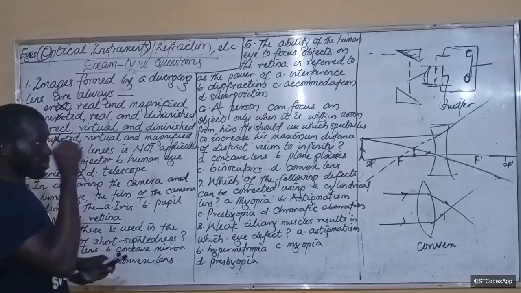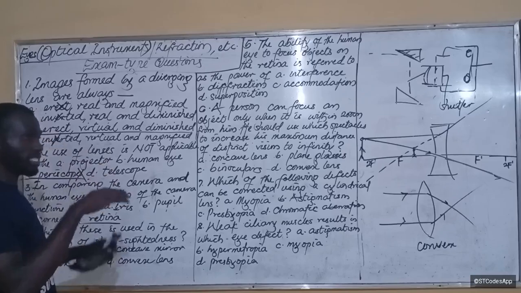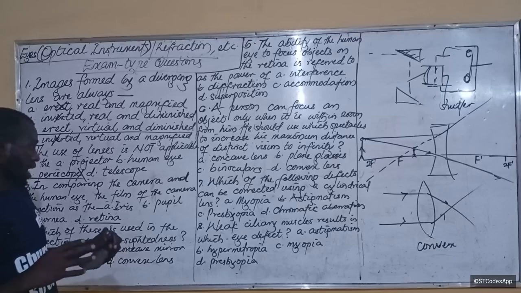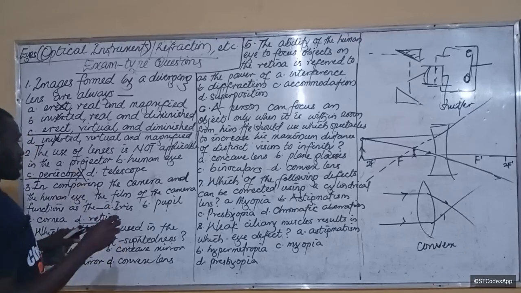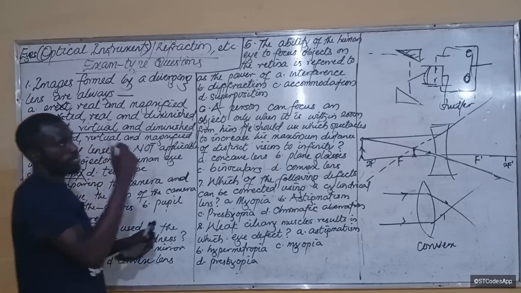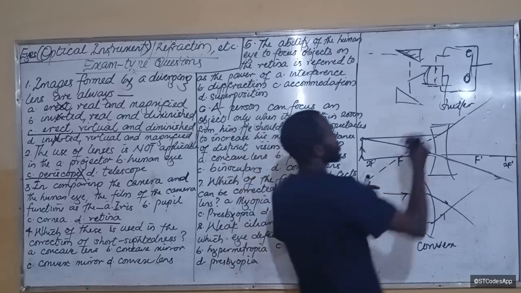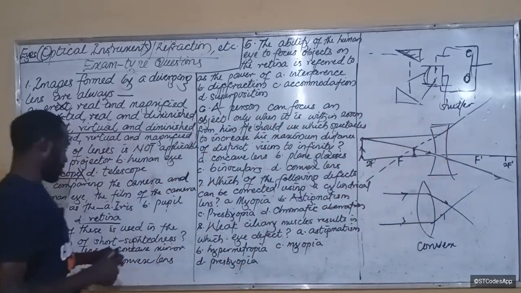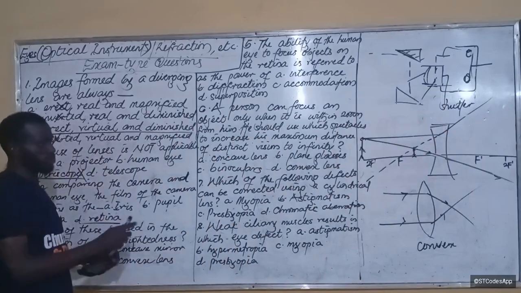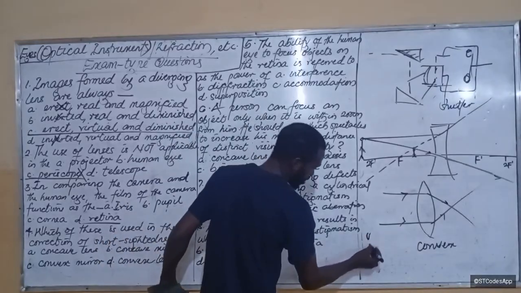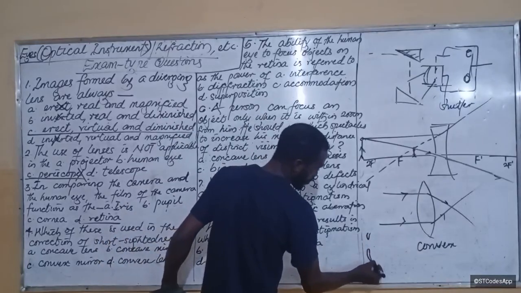Depending on the amount of light in the environment, the diaphragm will control the amount of light that enters. That is the work of the pupil primarily, because the iris is what controls the size of the pupil.